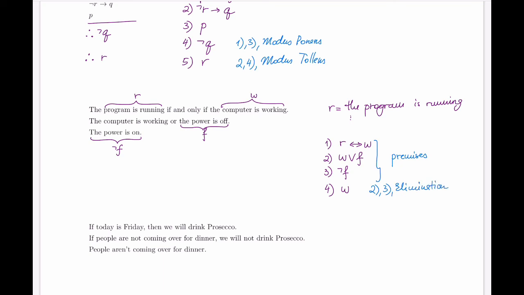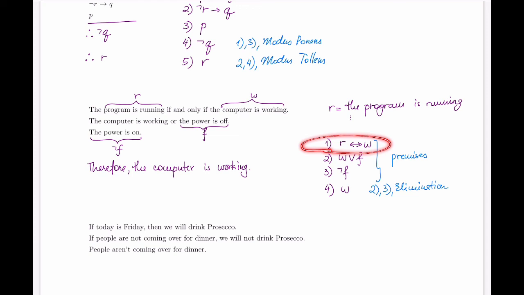So my simple conclusion can just be W, which corresponded to the computer working. So here I can say, therefore, the computer is working. But just like above, I'm wondering if I can draw any other conclusions. Well, the one premise that I haven't used yet is this first one. The program is running if and only if the computer is working.